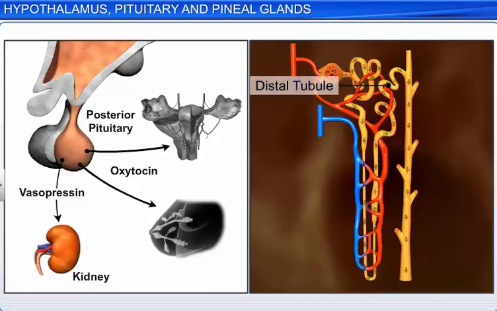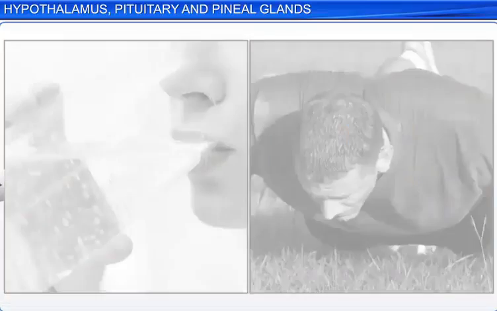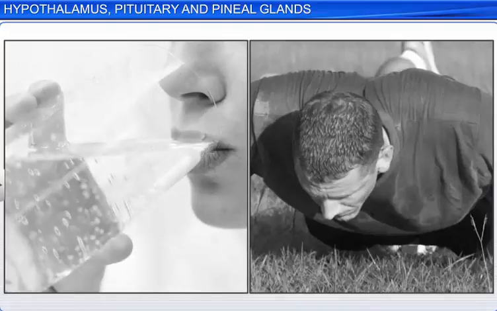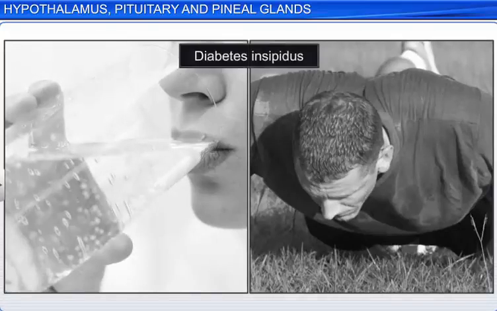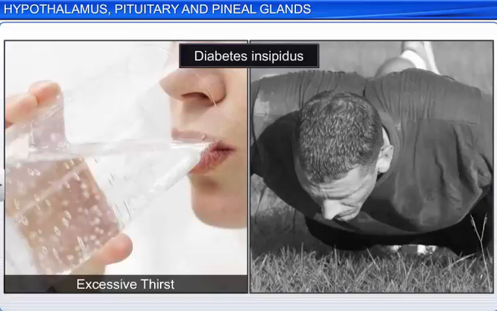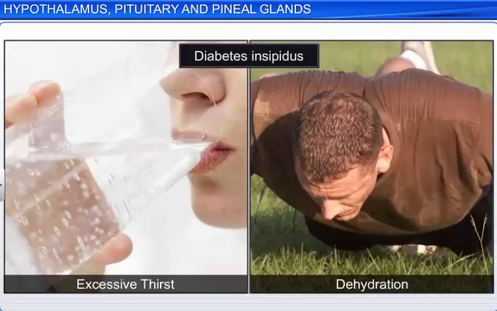It thereby reduces the loss of water through urine. Hence, it is also called the antidiuretic hormone. Hyposecretion of the antidiuretic hormone leads to diabetes insipidus. It is characterized by the excretion of dilute urine several times a day, resulting in excessive thirst and dehydration.